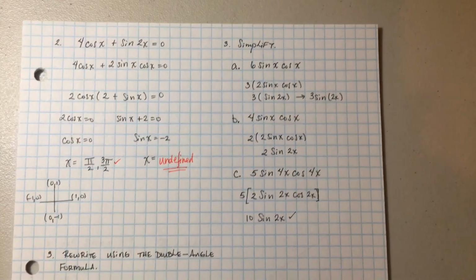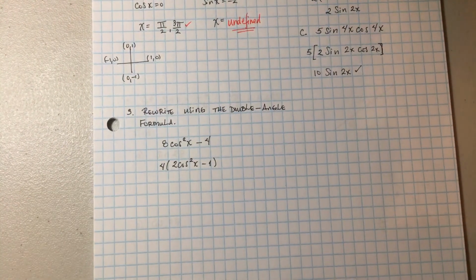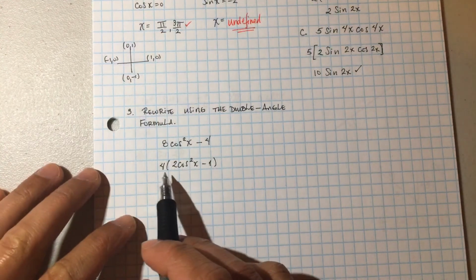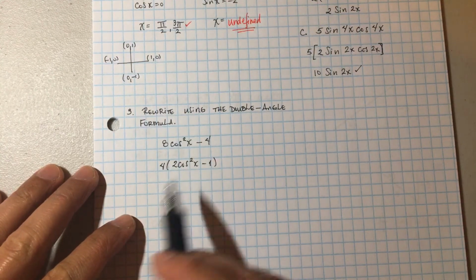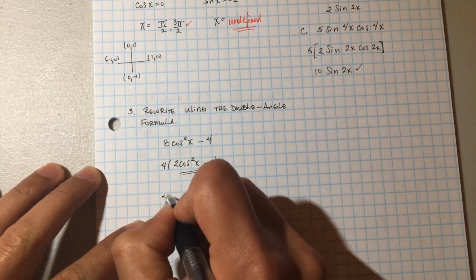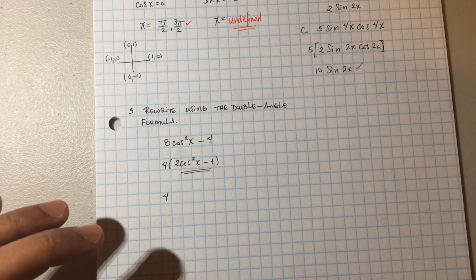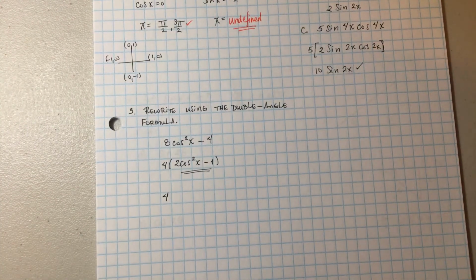All right, let's see if we can keep doing some more examples here. It says rewrite using the double angle formula. If you notice, this is what I started with, 8 cosine squared of x minus 4. It tells me to rewrite, so I factor out a 4, and I'm left with 2 cosine squared of x minus 1. Now, I know we're still learning these, but hopefully you can remember that 2 cosine squared x minus 1 is your double angle formula for cosine.